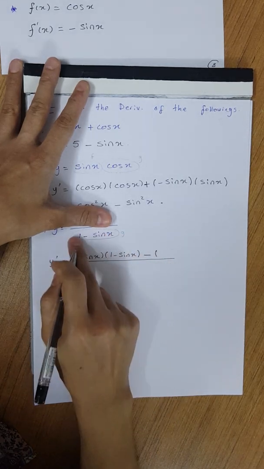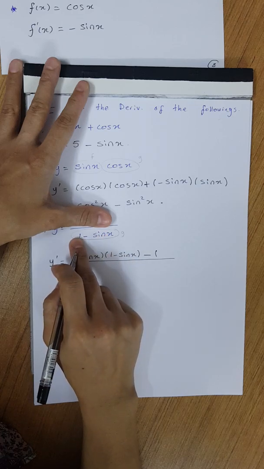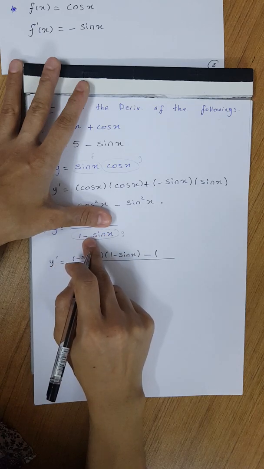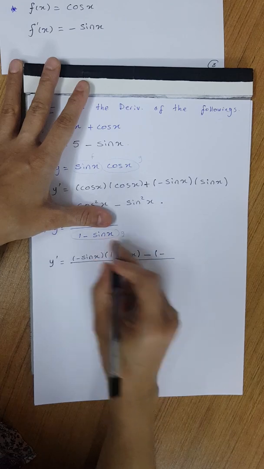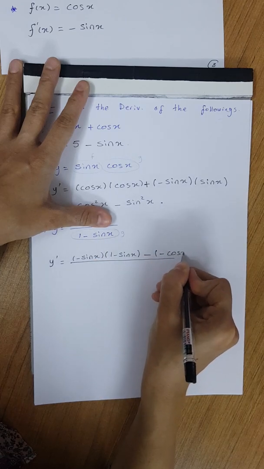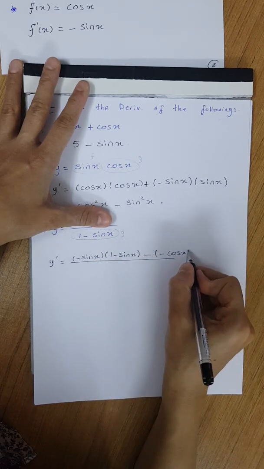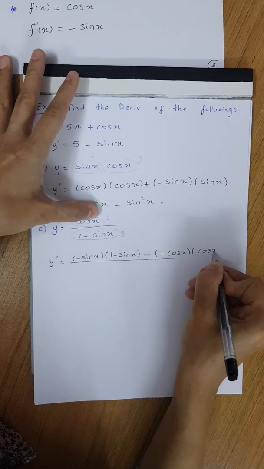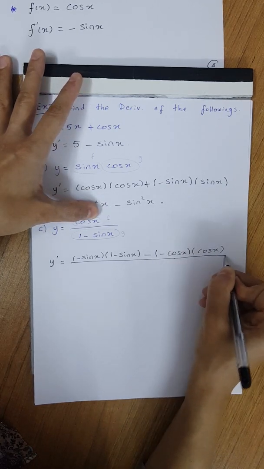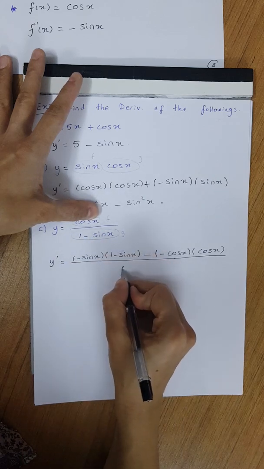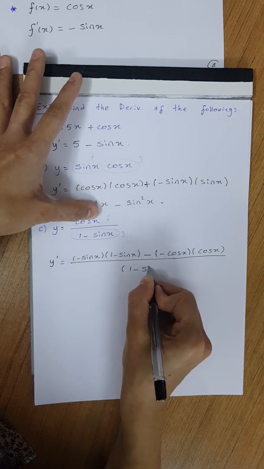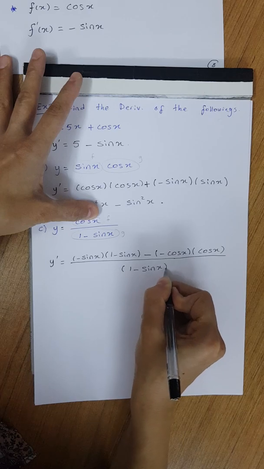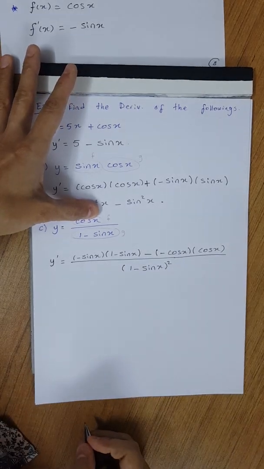What is the derivative of this one? The derivative of this is 0 minus the derivative of sine, which is cosine of x, multiplied with f. What is f? Cosine of x, all over the denominator squared, 1 minus sine x all squared.